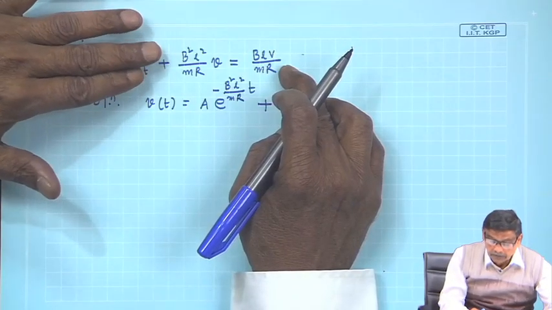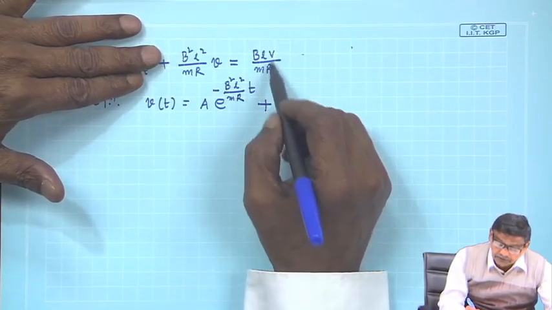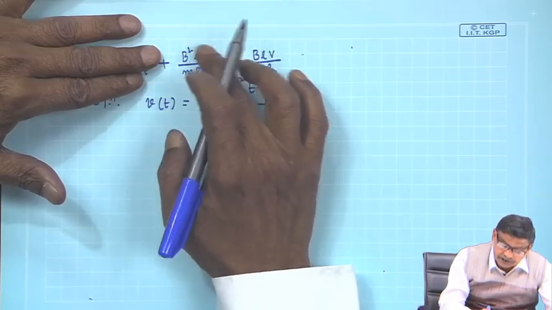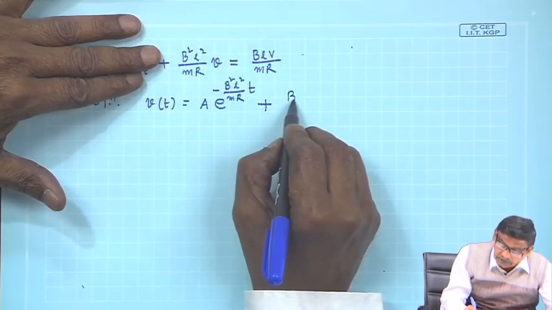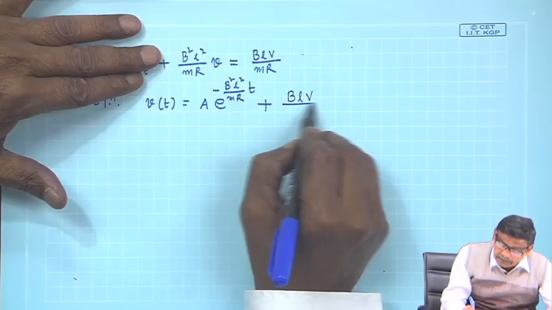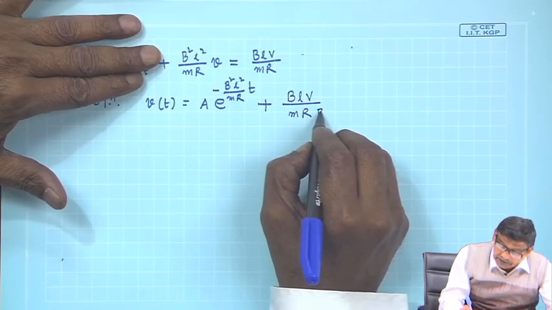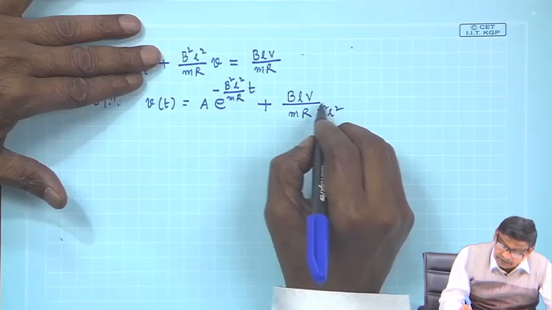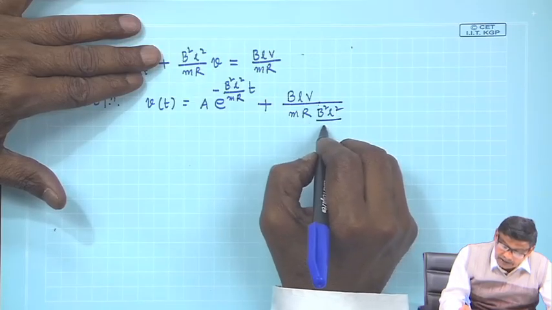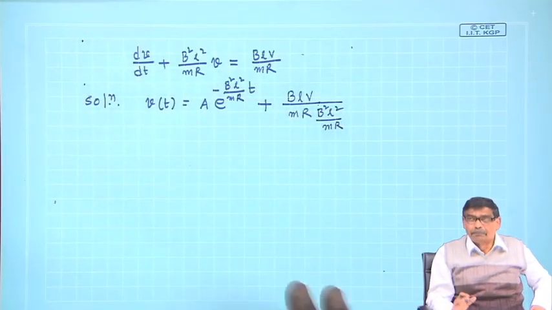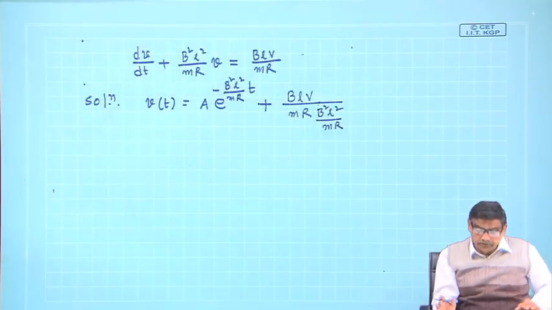So, the solution due to forcing function will be this divided by the coefficient of this. So, this will be B L V by m r divided by b square L square by m r. You can also apply Laplace transformation, whatever way you solve it.